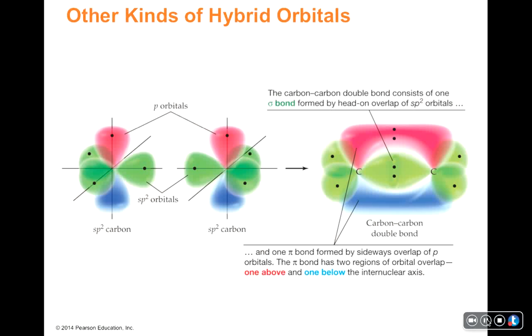So recall back when I said that single bonds are sigma bonds. The same thing applies here when you're looking at a multiple bond. You can think about a multiple bond as being no more than just 2 or more single bonds, and the first of those is a sigma bond.